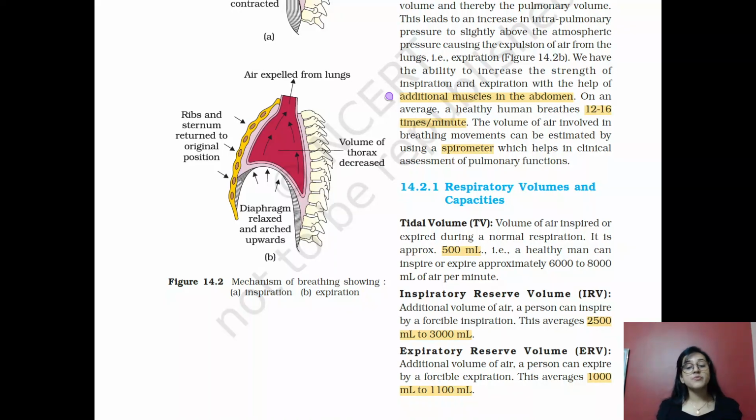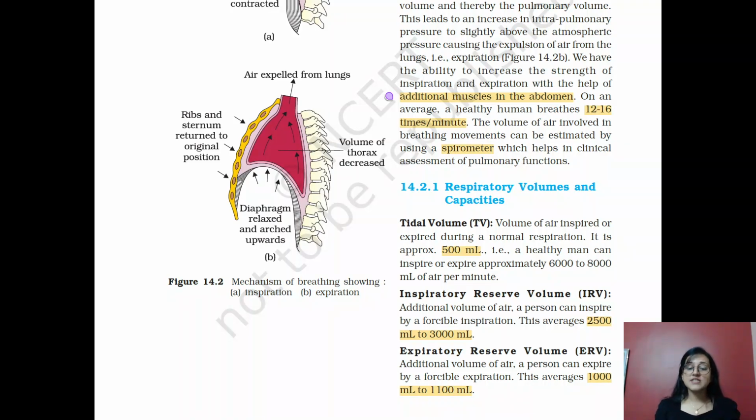Now comes the expiratory reserve volume. Suppose you have expired normally, then you want to expire more air forcefully, then you can expire only this expiratory reserve volume of air, not more than that. Then the additional volume of air a person can expire by a forcible expiration is known as the expiratory reserve volume.